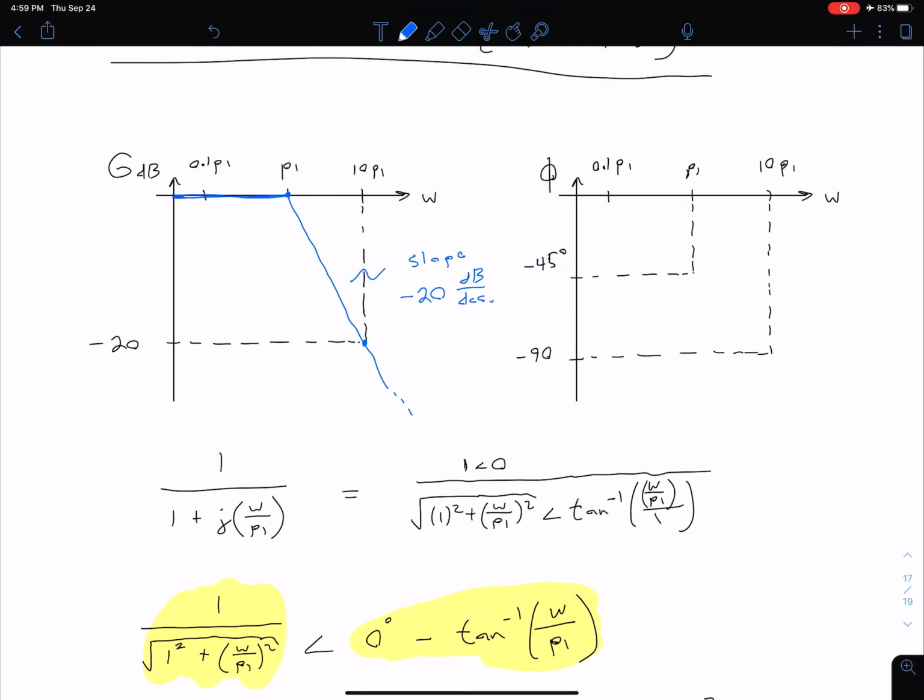At 10 times P1, we're approximating it as negative 90. And at a tenth of P1, it's approximately 0. So below that tenth of P1, it's staying at 0, and above 10 times P1, it's staying at negative 90. And in between, we're doing this linear approximation with a slope of negative 45 degrees per decade. So we get something that looks like that. And so that covers our simple pole.